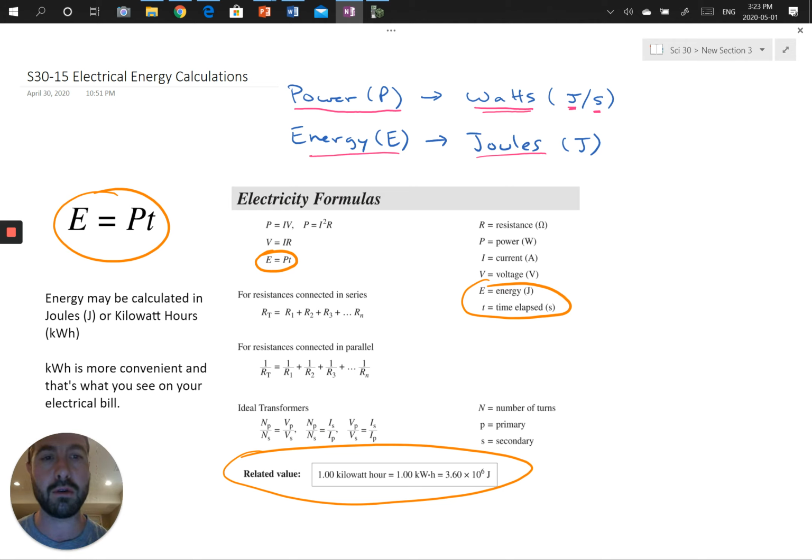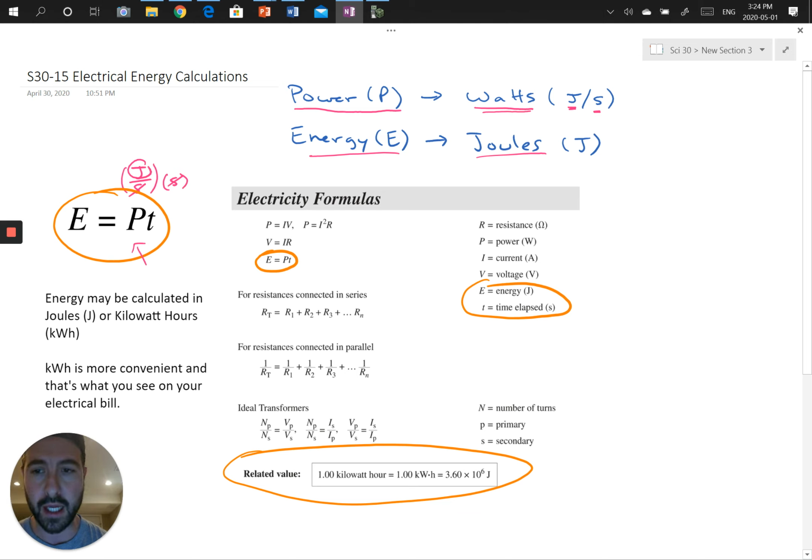So all I have to do to figure out how much total energy is being used is multiply my watts or my joules per second by my time in seconds. And so if my power is in joules over seconds, and my time is in seconds, then those are going to cancel, and my answer for energy is just going to be in joules. So this is the formula that we're going to use.